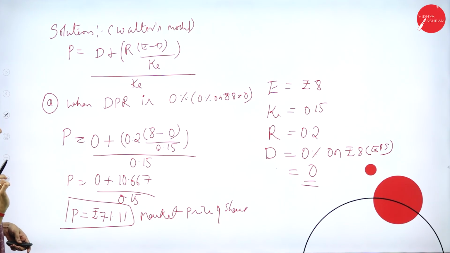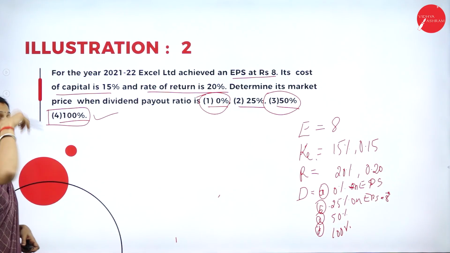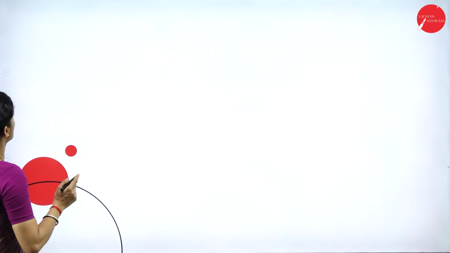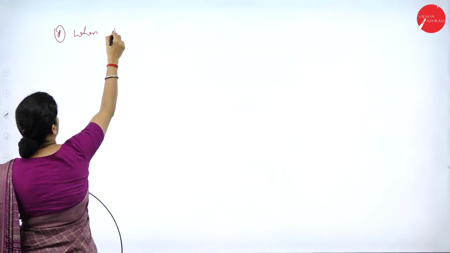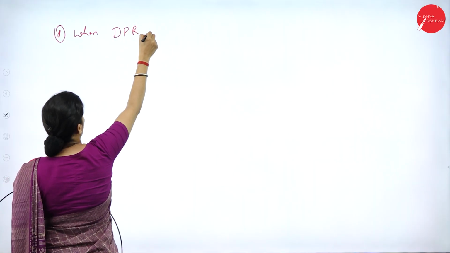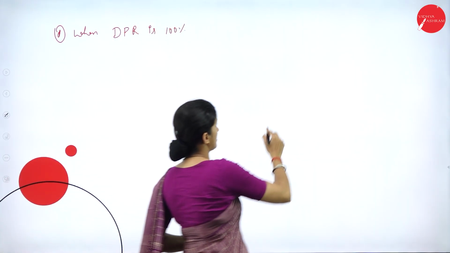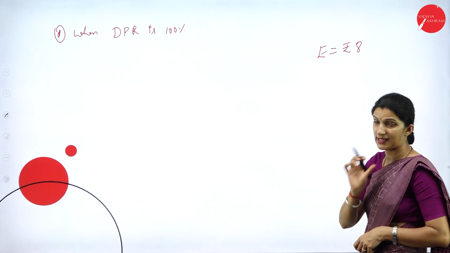Next, the last situation that we have: when the dividend payout ratio is 100%, what is the market price that we need to calculate? So, the fourth situation, when the dividend payout ratio is 100%. So that means your EPS will be same, which is 8.